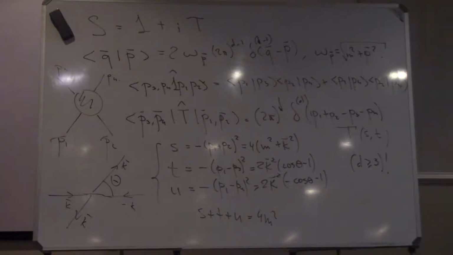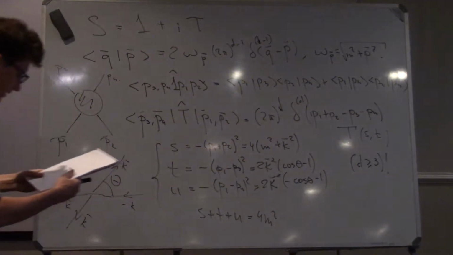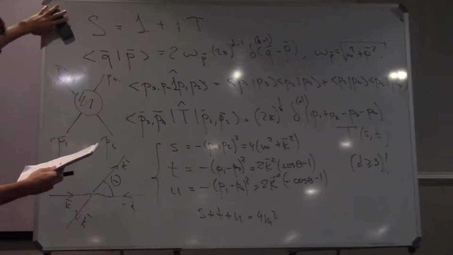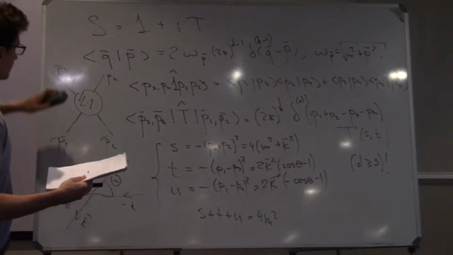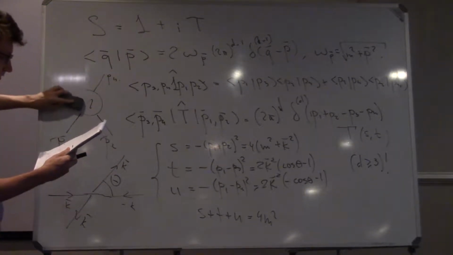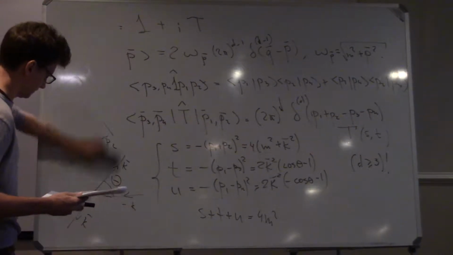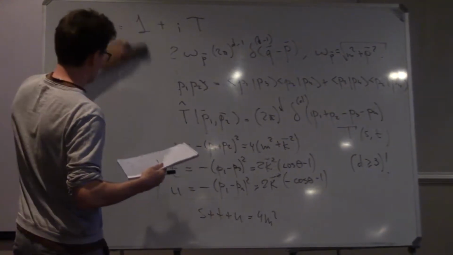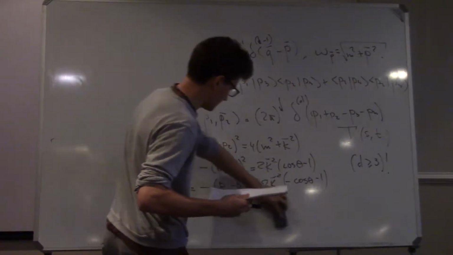We will be interested in trying to understand the properties of this object. And it's useful to think about S, T and U, which add up to 4m squared. It's useful to think about the problem in what's known as a scattering diagram, or Mandelstam plane. So let me draw it, and then I will add features to this plane as we proceed.